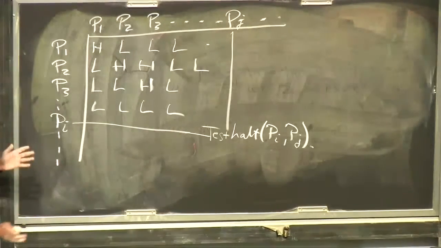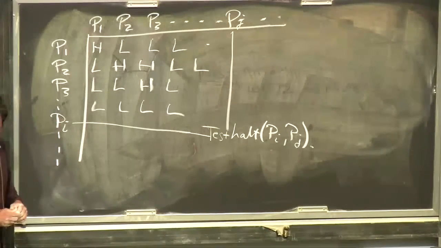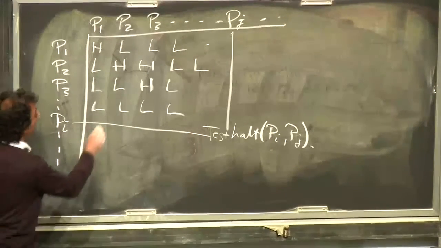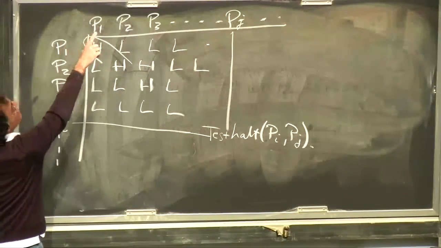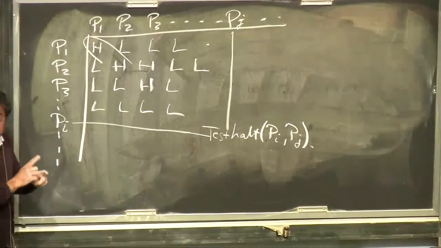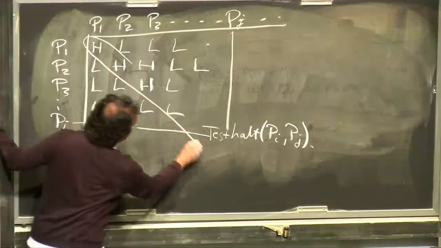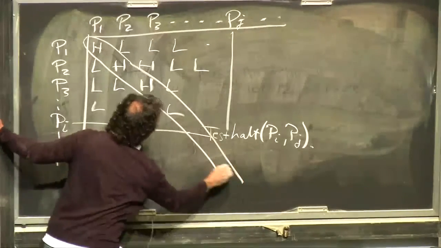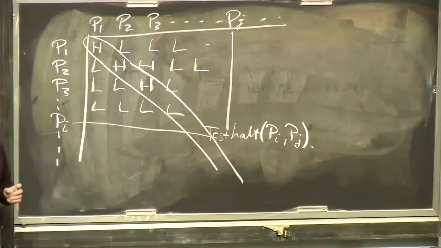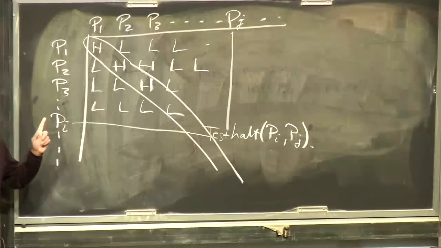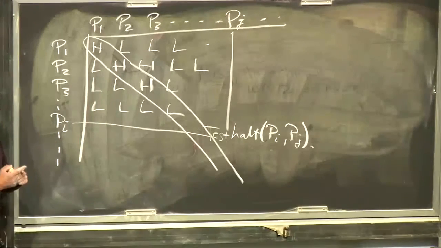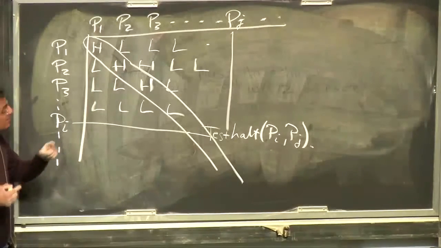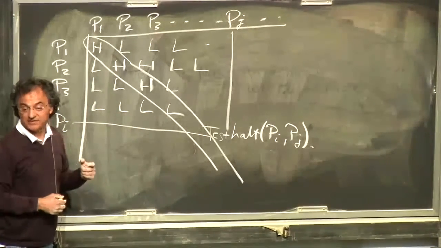Then how did we create Turing? Remember, the input was test halt P, so we were going straight down the diagonal. And then what did we do? We flipped it. If this is halt, then we flip it to loop, and if it's loop, we flip it to halt.